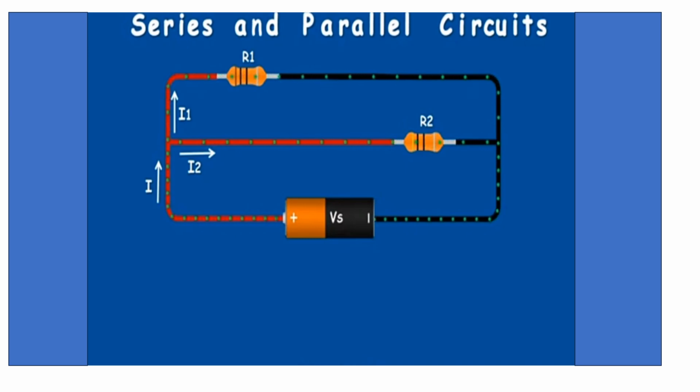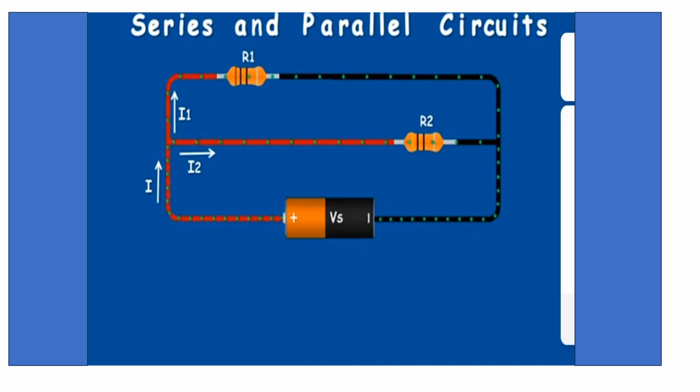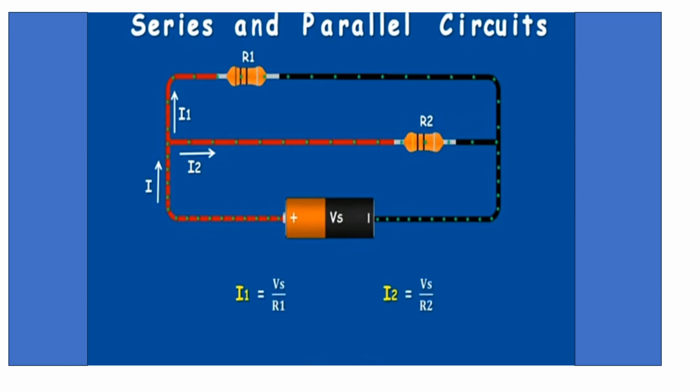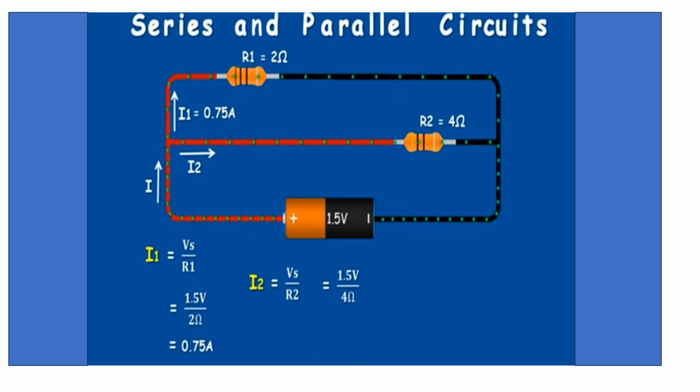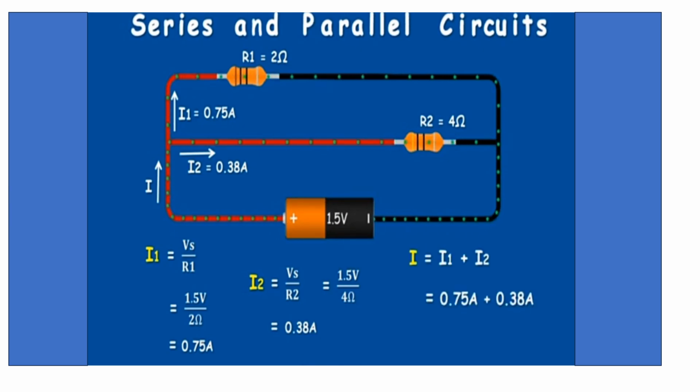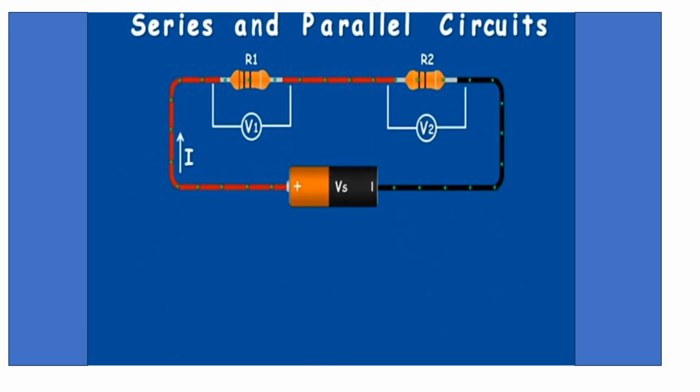You add them, multiply them over their added values, and then you divide the voltage by that, so V supply over R effective. In other words, if I have the current, I can find the voltage. If I have the voltage, I can find the current, etc.